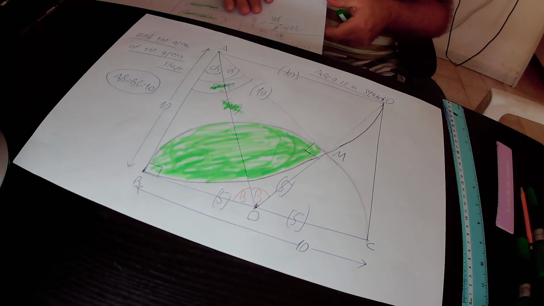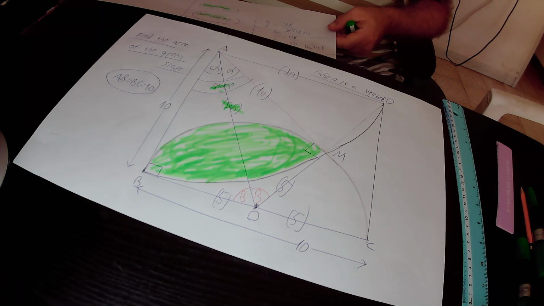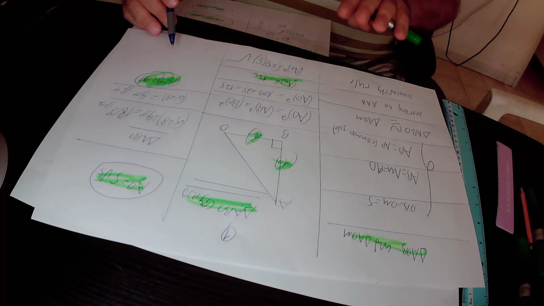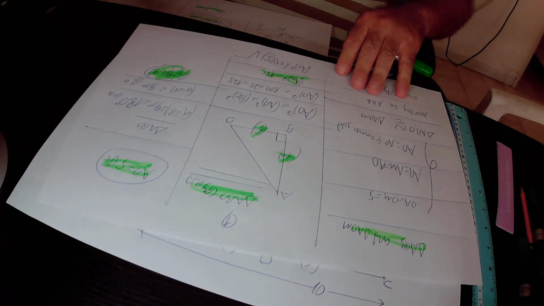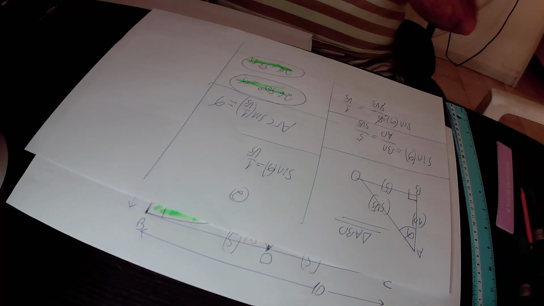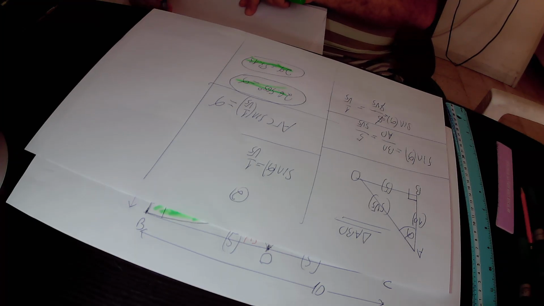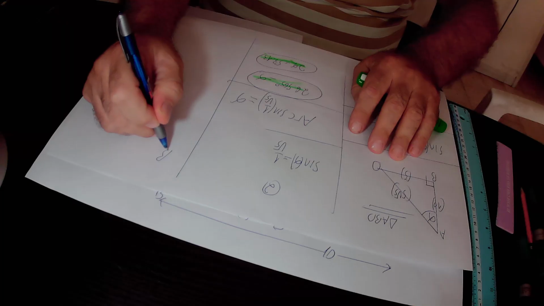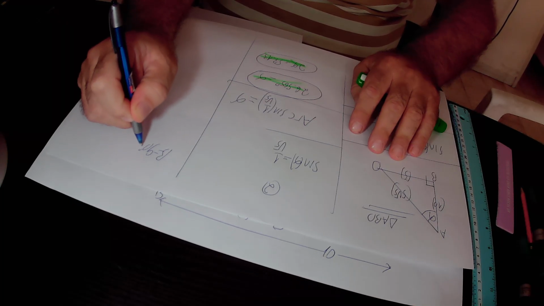We already found out that beta equals 90 degrees minus alpha.